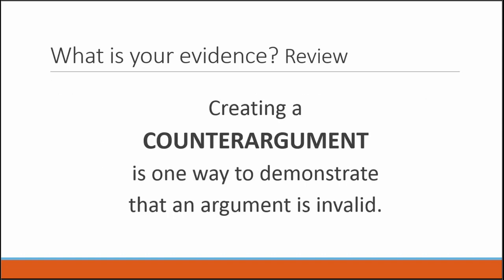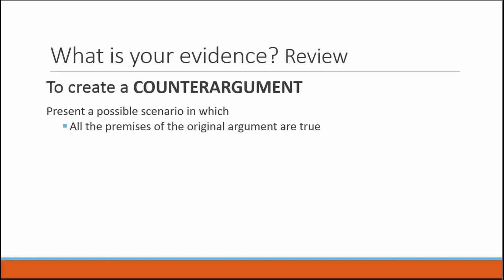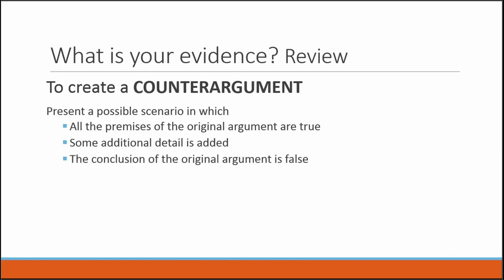We also learned how to create counter-arguments to demonstrate that an argument is invalid. To create a counter-argument, you present a possible scenario in which all of the original premises are true. You add some additional detail, which makes the conclusion of the original argument false.